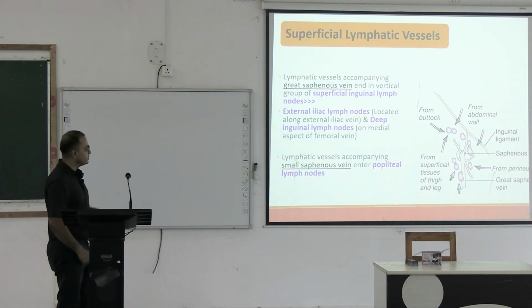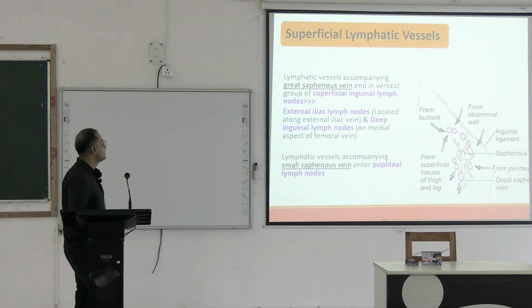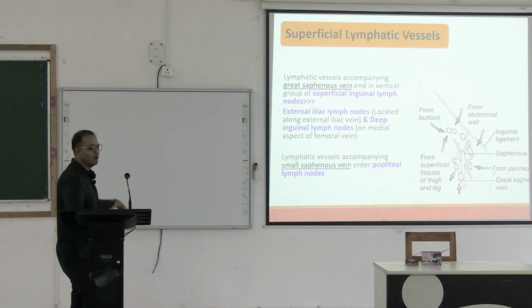They are also the superficial and deep inguinal group of lymph nodes. Likewise, we have the iliac group placed here, like the external iliac and internal iliac groups of lymph nodes. On the back side, we have the popliteal lymphatic system, which is present in the popliteal fossa. It receives the lymphatics from the back side of the calf region, or the back side of the leg region.